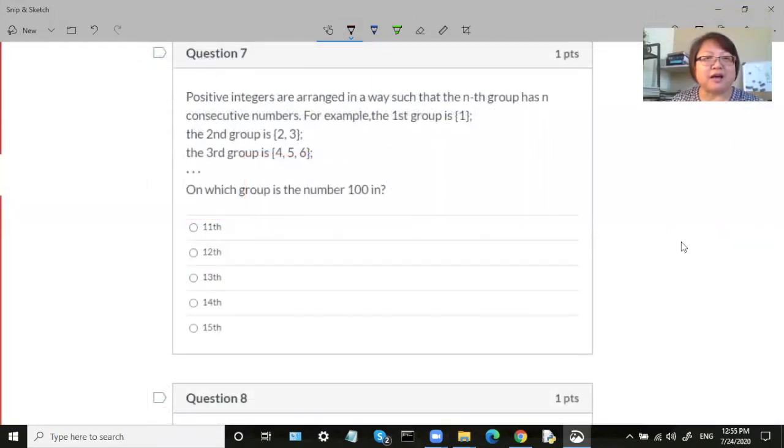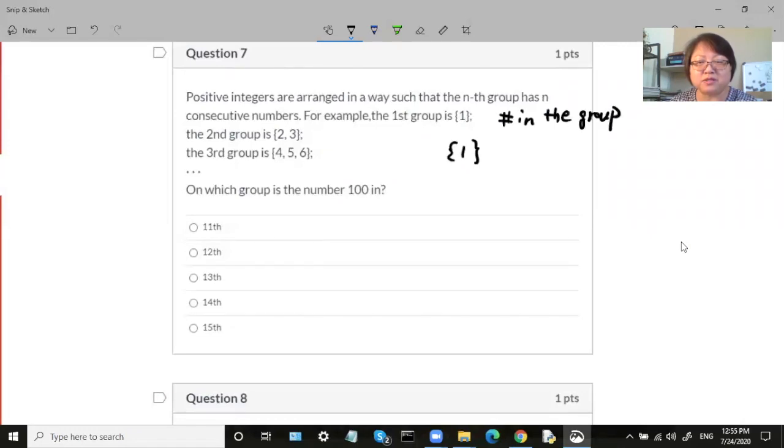Problem 7. Positive integers are arranged in a way such that the nth group has n consecutive numbers. For example, the first group is 1, the second group is 2, 3, and the third group is 4, 5, 6, and so on. Which group is the number 100 in?